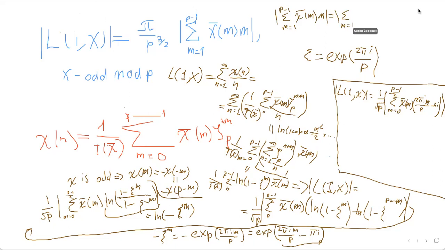By the way, there was summation from 0 and there from 1. Yes, you can drop the 0 because chi of 0 is 0. Yes, it's completely right. So I can just write 1 here.